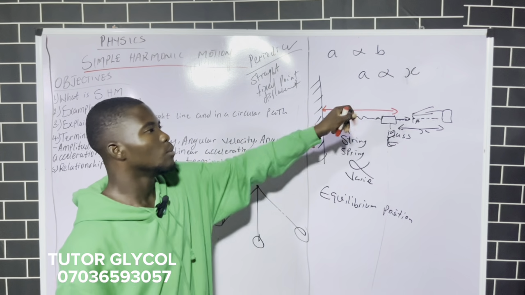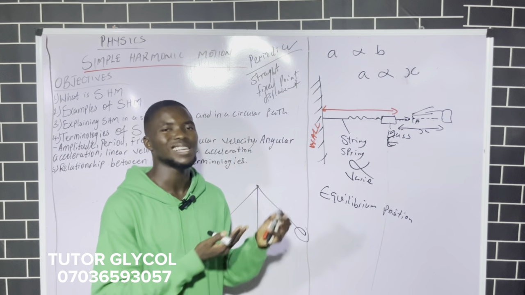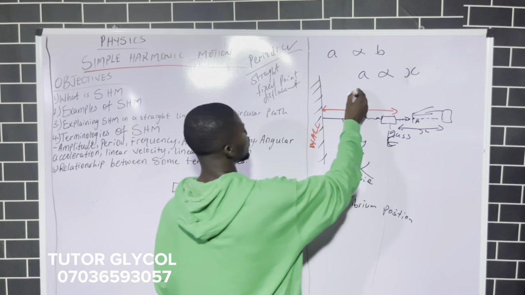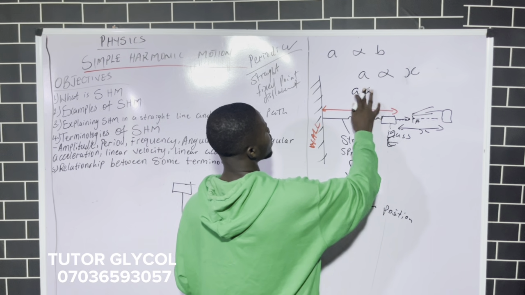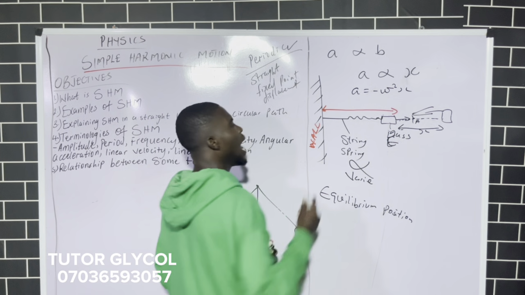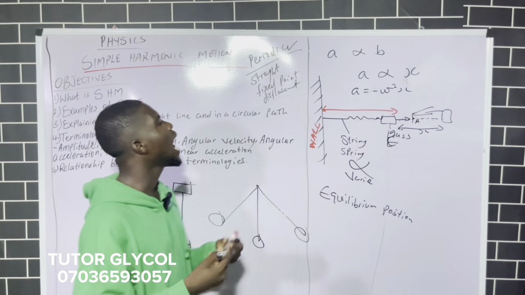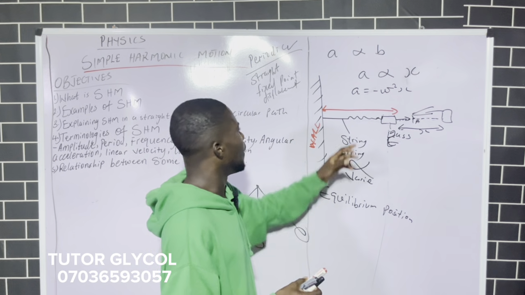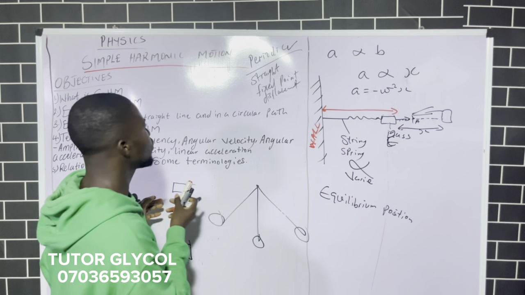Now, if you are a student who has read this topic before, you will notice that anytime they write acceleration, they will always write it this way: a is equal to minus omega squared x. W is called omega, and we are going to see that during the course of the video.